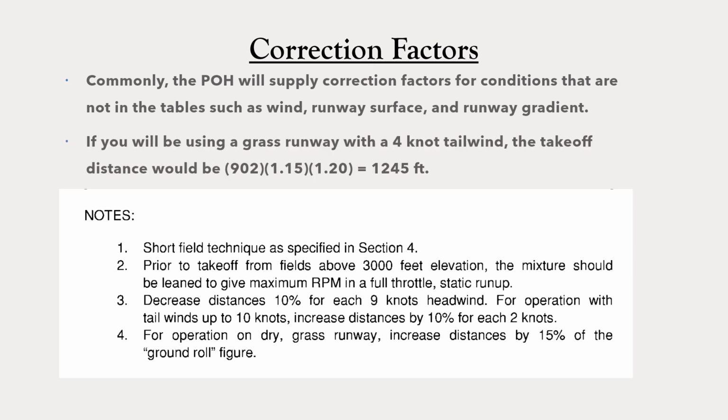So applying these factors, if we were using a grass runway and we had a 4-knot tailwind, we would multiply our 902 feet by 1.15, which is our 15% correction factor for a grass runway, and 1.2, which is our correction factor for the 4 knots of tailwind, and we get 1,245 feet.